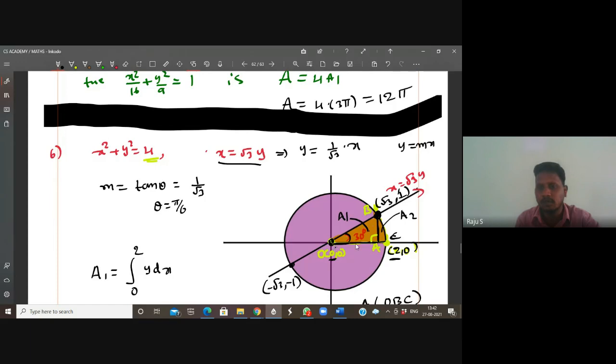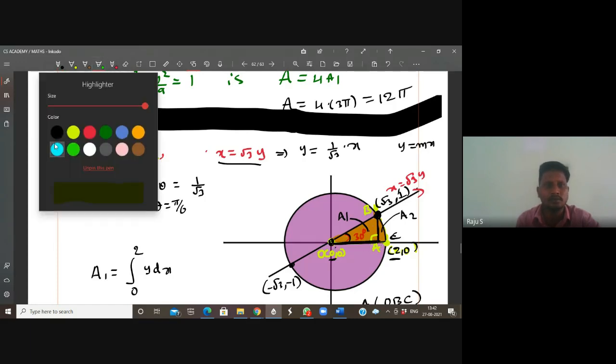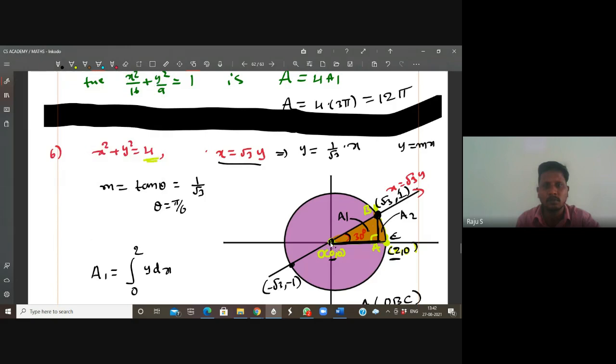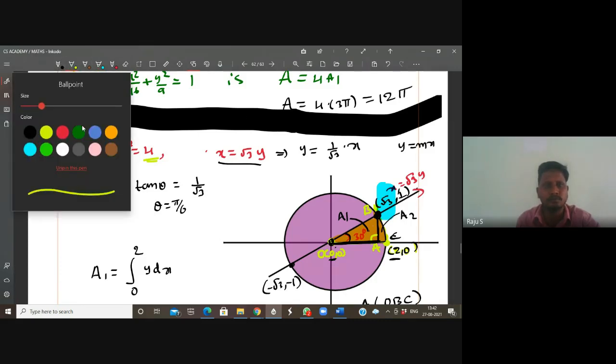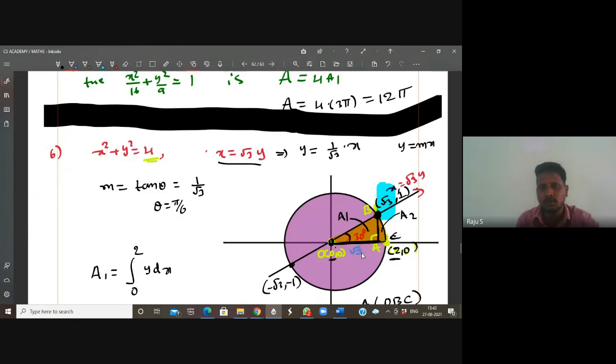See here, what is the length of O to A, the x coordinate? Shall I take it as root 3?